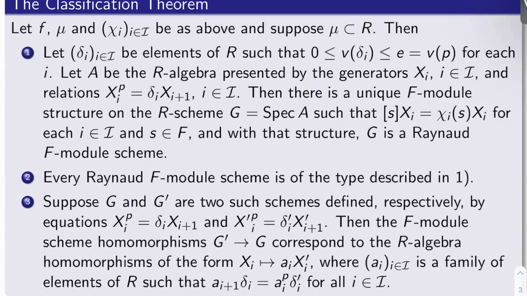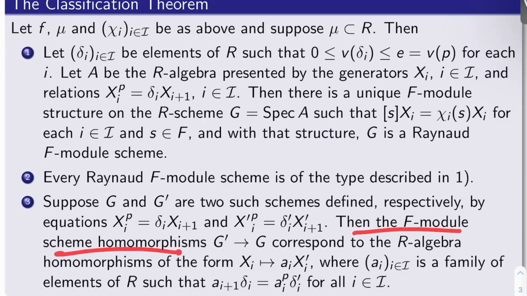And then three, suppose G and G prime are two schemes defined respectively by the equations X_i to the p equals delta sub i X_{i+1}, and X prime sub i to the p equals delta prime sub i X prime_{i+1}. So they're both defined by the same kind of equations, essentially.